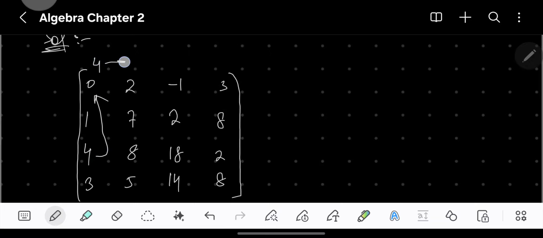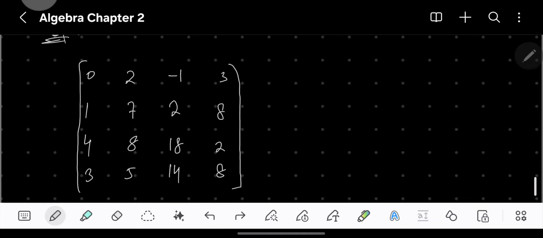Then I have to make this 4 as 1, which needs another row operation. So in order to reduce the row operations, I will move this entry to the top.